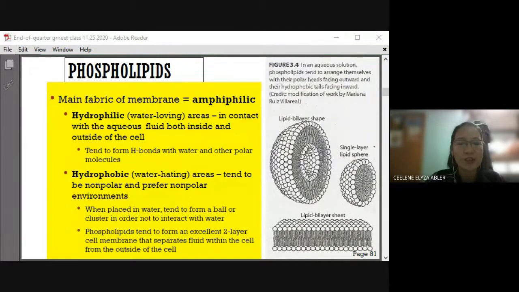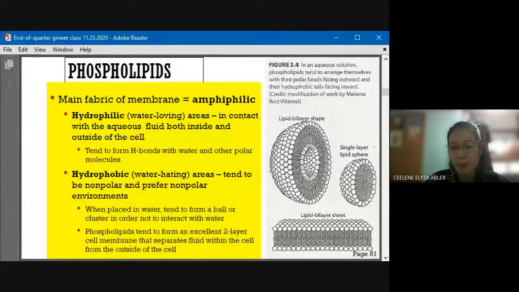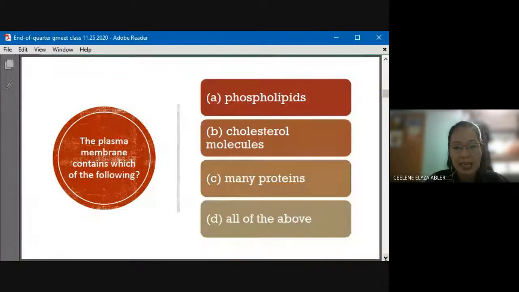Okay? So, yun siyang ating phospholipids na bilayer. Right? So, ano yung nasa plasma membrane natin? Okay, balikan natin yung natin kanina. Meron tayong yung phospholipids, meron tayong cholesterol, meron din tayong proteins. So, the answer for this one question is all of the above.